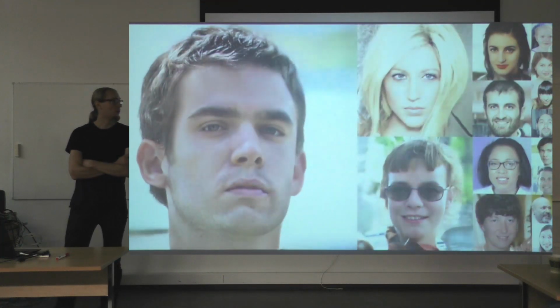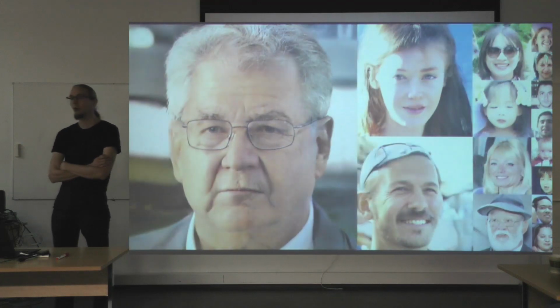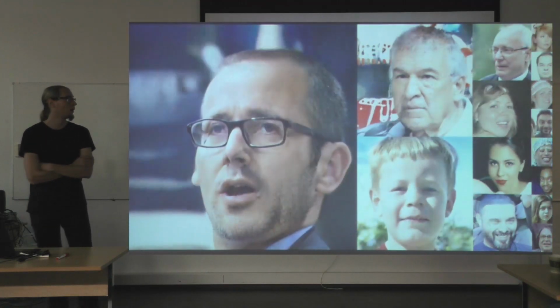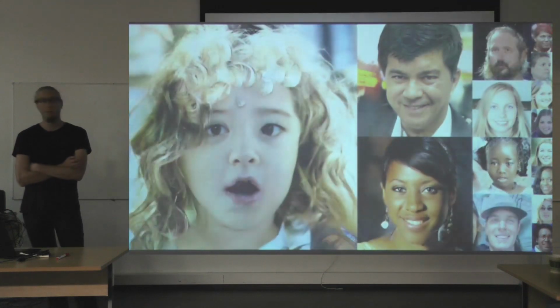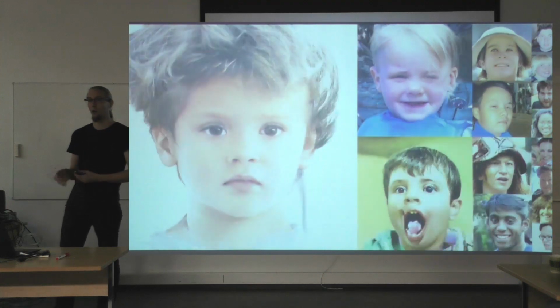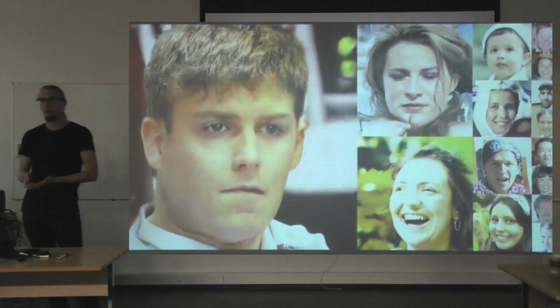And what's particularly interesting for us is gaining control over the image generation process. So in its basic form, the generator is a black box. You feed in random numbers and you get random pictures out.